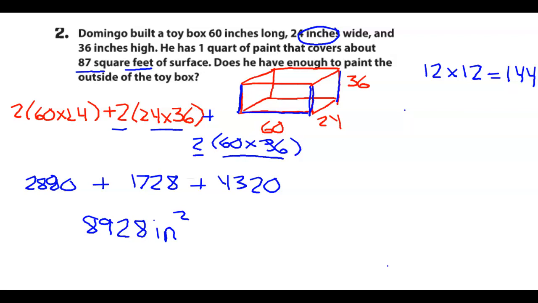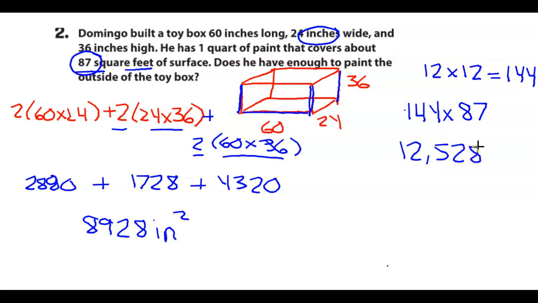Now if I take the 144 and multiply it by 87, that's going to give me the total amount of square inches that the paint will cover. So 144 times 87 gives me 12,528.